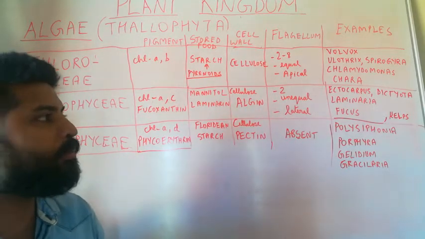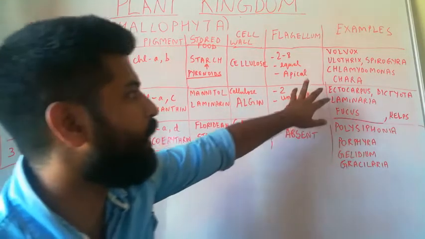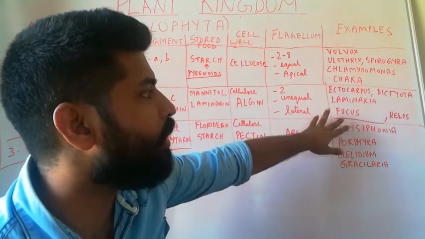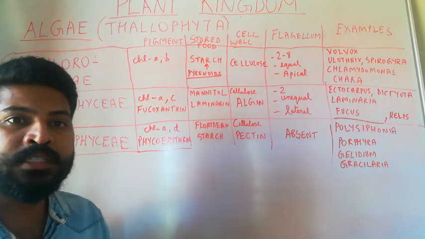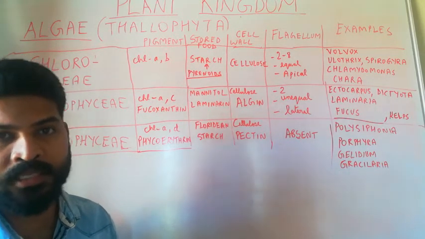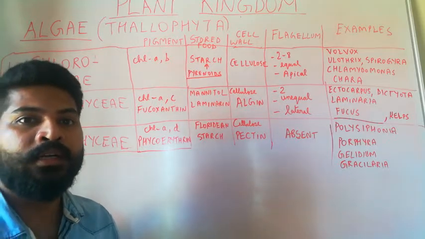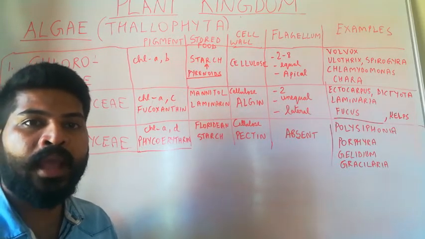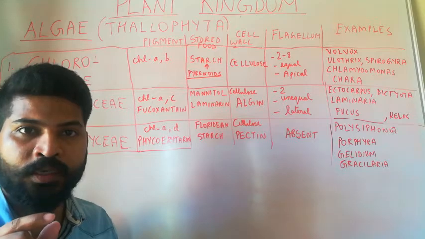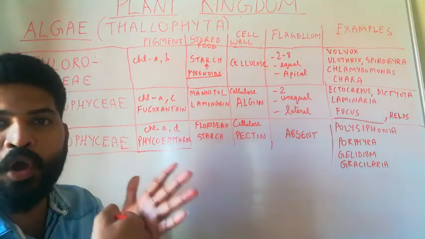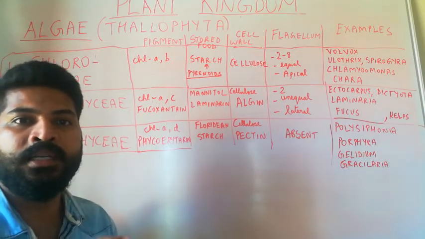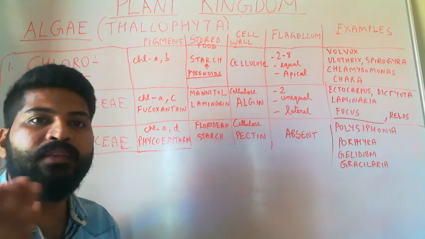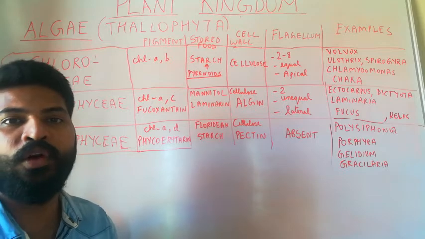If you observe the brown algae, for example Ectocarpus, Laminaria, Fucus, Dictyota, they could be branched or unbranched, and if you look at their body, they have a holdfast which will help them to attach to the rock or the substratum, and then there is a stem-like structure called the stipe, bearing leaf-like structures called the frond.